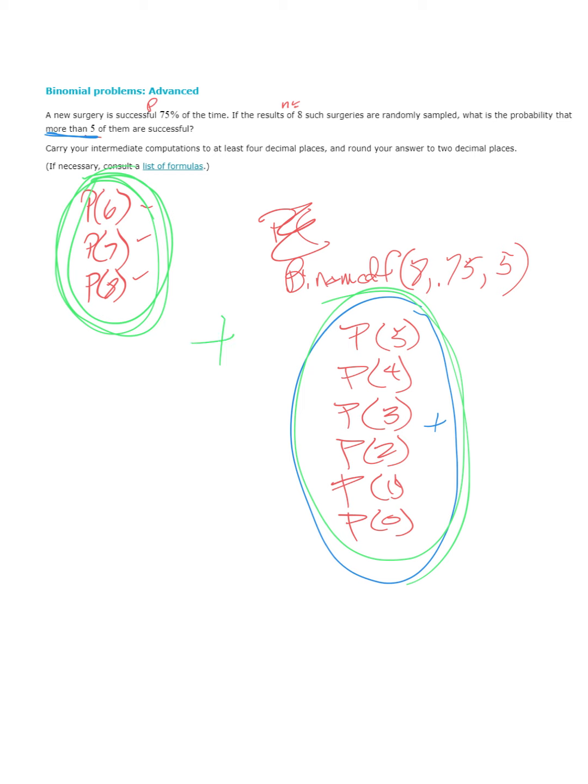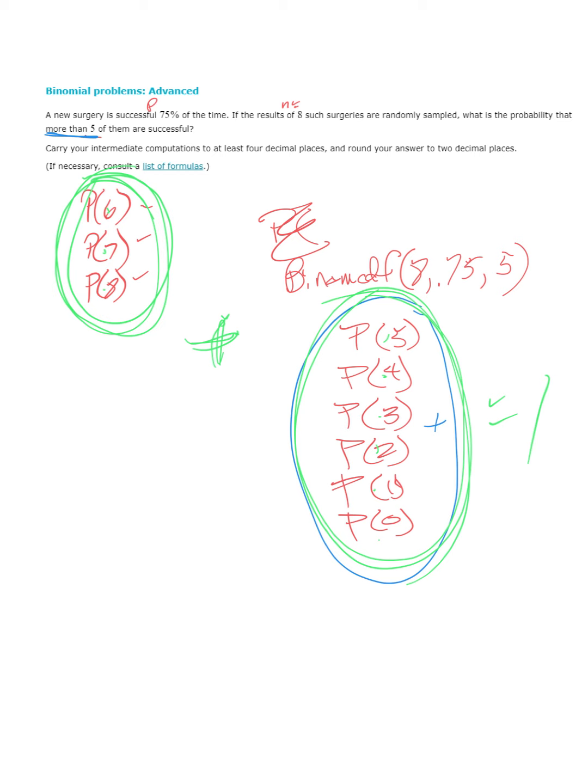These two things are going to equal 1, because all the probabilities from 8 on down, 8, 7, 6, 5, 4, 3, 2, 1, 0, are going to equal 1. So if I type that in my calculator, let me do that real quick. That's going to give me binom CDF of 8, 0.75, and 5.